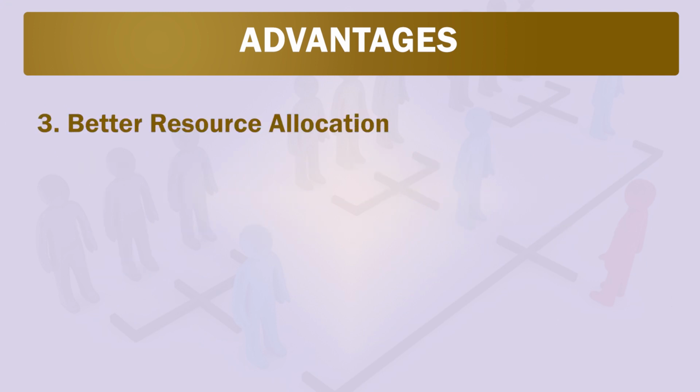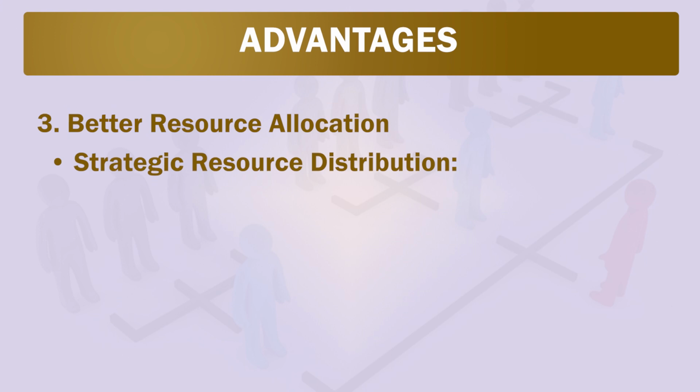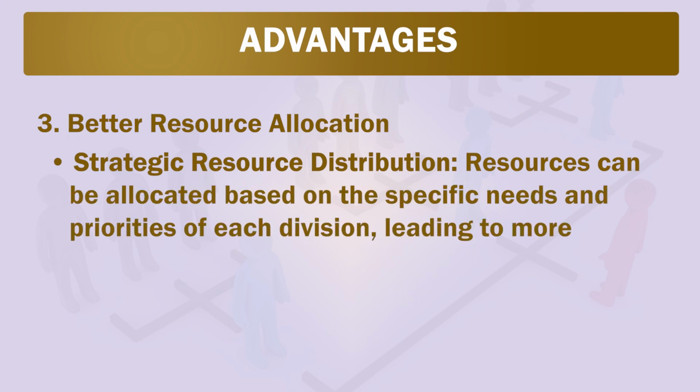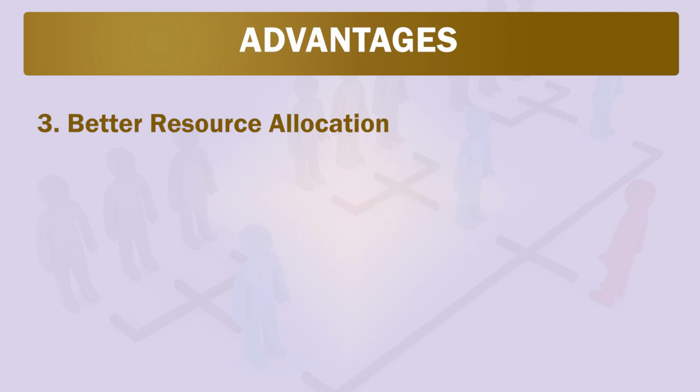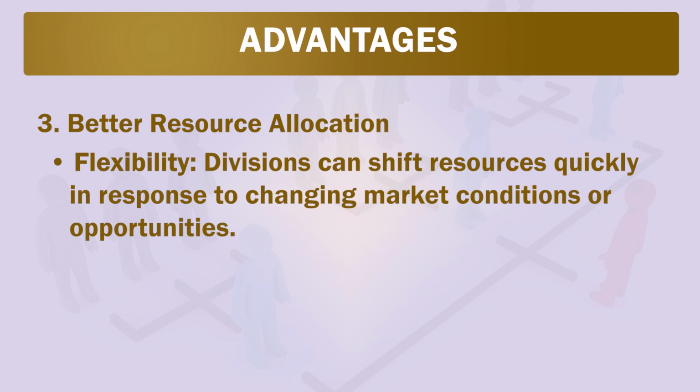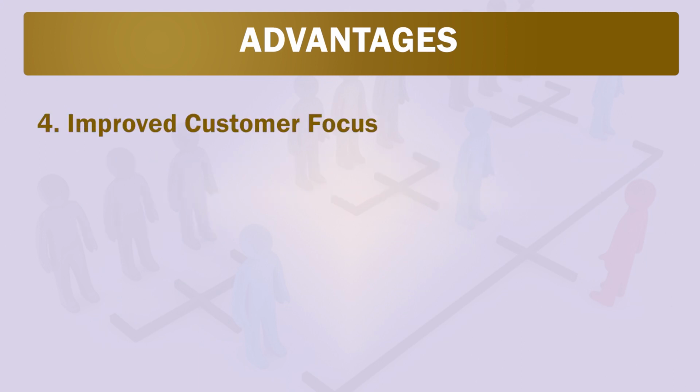Another point is better resource allocation. Strategic resource distribution is the first aspect here. Resources can be allocated based on the specific needs and priorities of each division, leading to more efficient operations. Next is flexibility, where divisions can shift resources quickly in response to changing market conditions or opportunities. Next is improved customer focus.